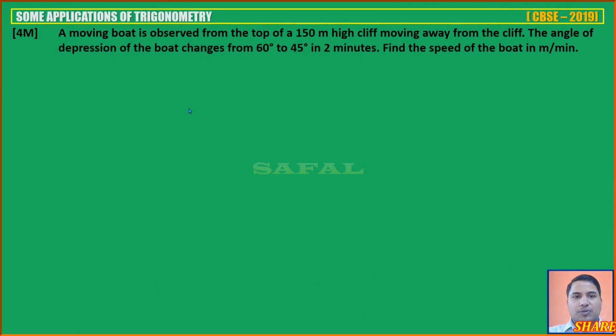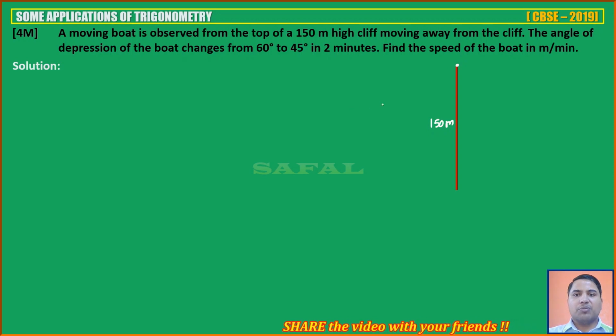In set 2, they have asked another question that is there on the screen. A moving boat is observed from the top of a 150 meter high cliff. So let's assume a cliff. This is a cliff, height is 150 meter. From this top, a moving boat is observed.